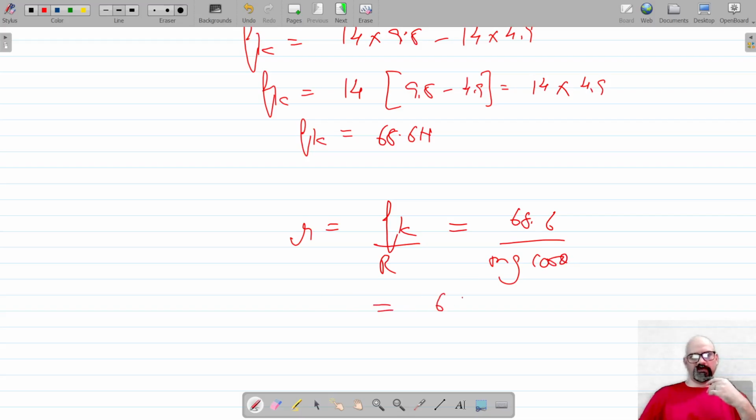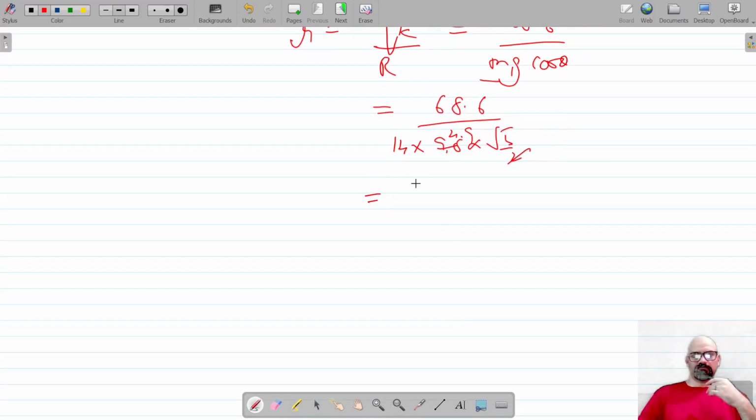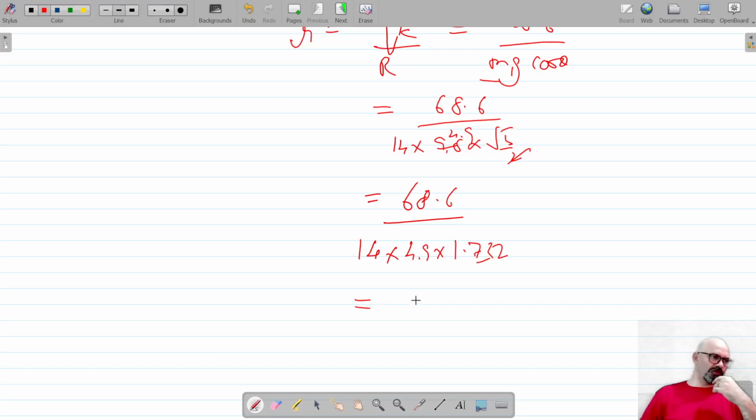So let's put in the respective values: 68.6, M is 14 of the first block, G is 9.8, cos 30 is root 3 by 2, so this is 4.9. This is 68.6 divided by 14 into 4.9 into 1.732. If we calculate this, it gives us the value 0.58. So the coefficient of friction is 0.58.